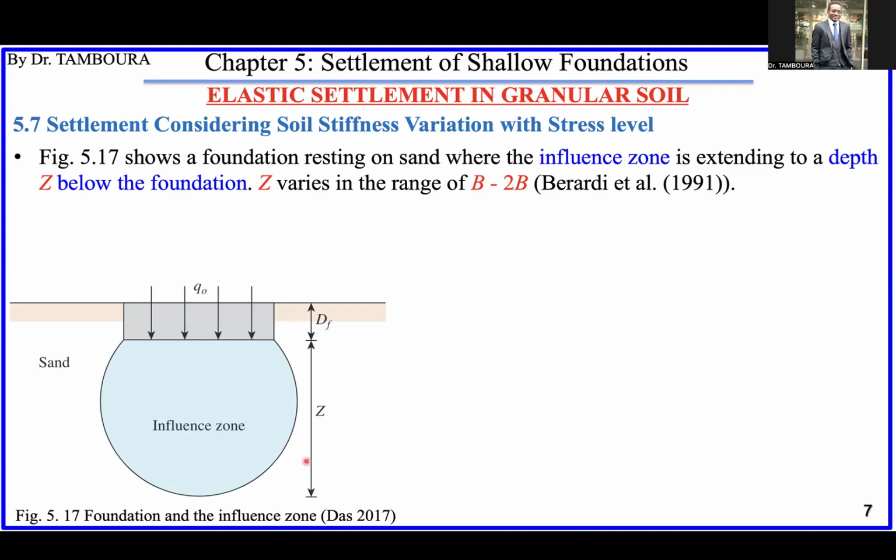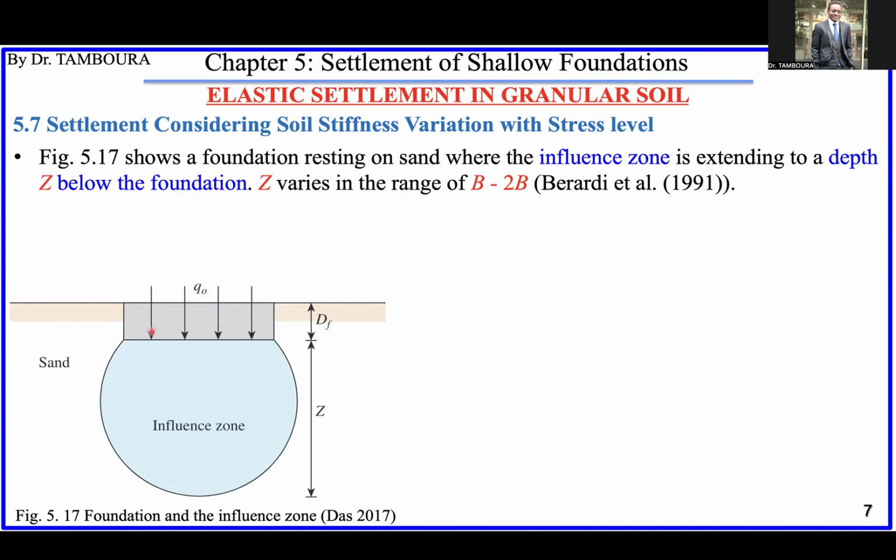If the influence zone doesn't reach down here, this means the soil down here will not be affected by settlement, will not settle. So this influence zone extends to depths sometimes between B and 2B.